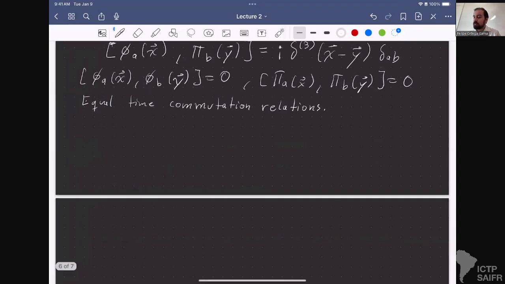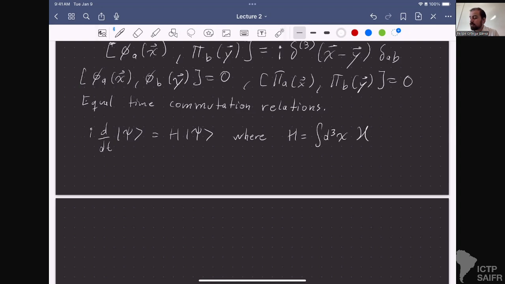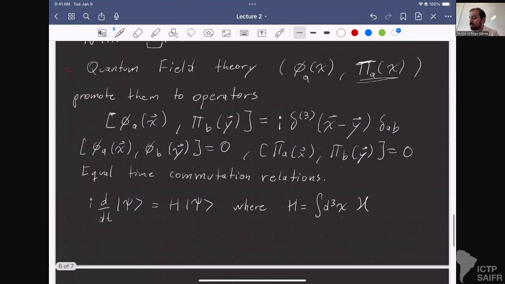Okay, and now how do you do quantum mechanics here? Well, you do the same thing as usual. You have to solve the Schrödinger equation for your states by hopefully diagonalizing the Hamiltonian. So the Hamiltonian here is equal to the spatial integral of this h that I was talking about before.